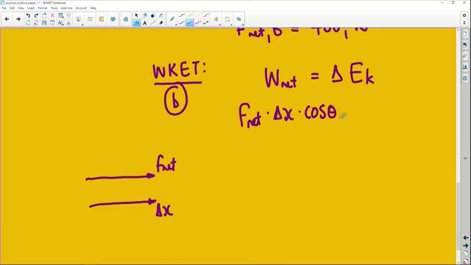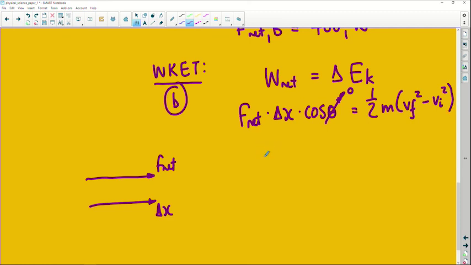So this angle theta becomes 0. So when I take the cosine of an angle of 0 degrees, remember that that value is 1, so that will reduce further. But let's expand the change in kinetic energy further, as half m Vf squared minus Vi squared. And there we have expanded it.